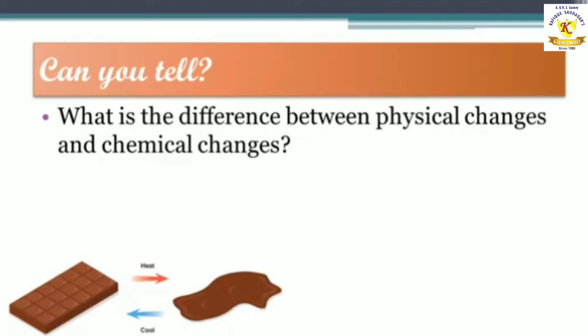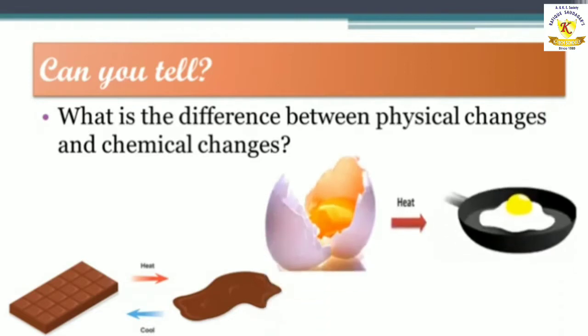The liquid chocolate after freezing gets converted back into the solid form. So here there is no change in the chemical properties, and a new substance is not formed. So this is called a physical change.